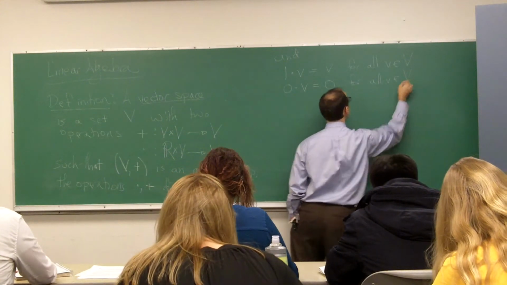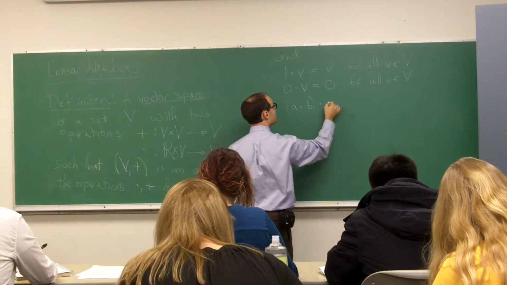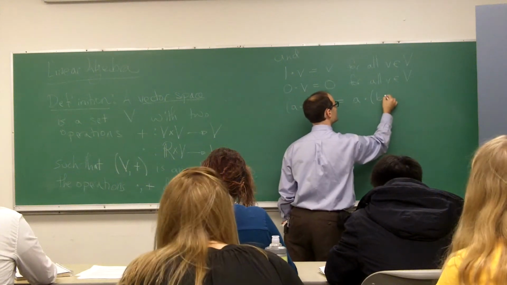And a times b times v is equal to a times (b times v).